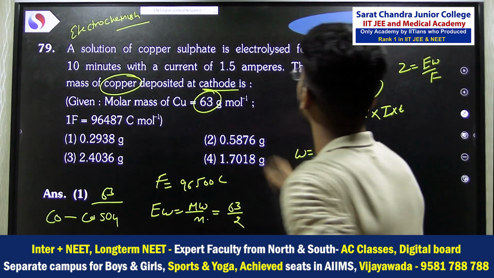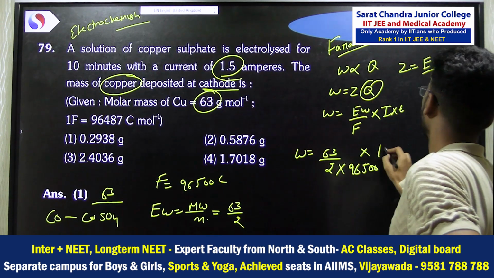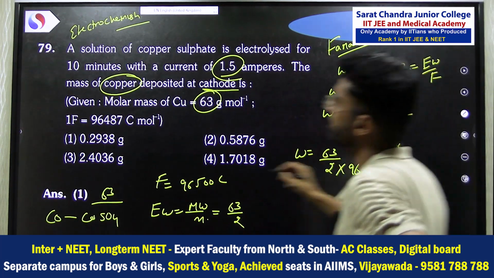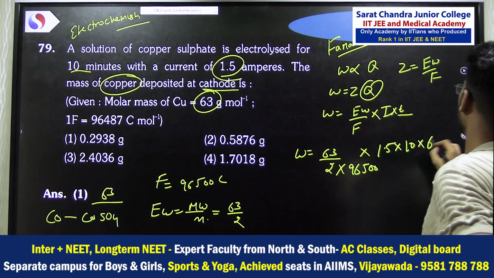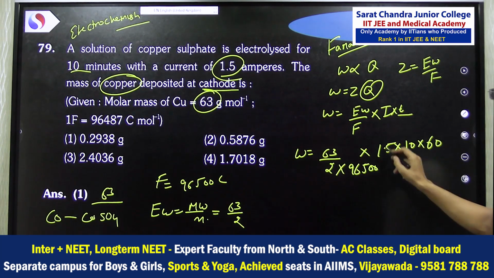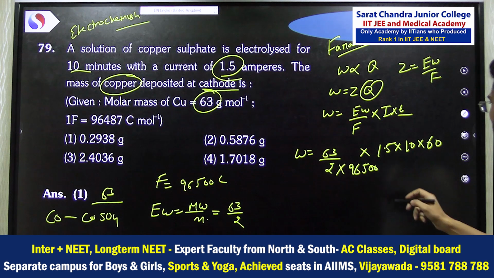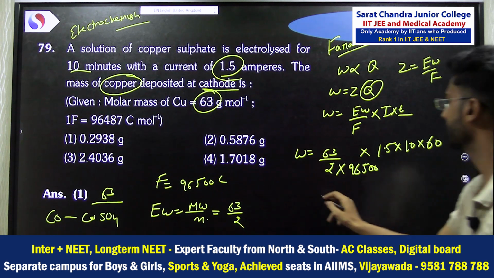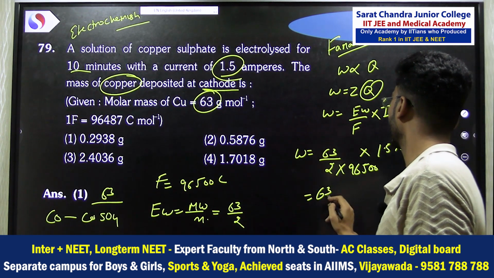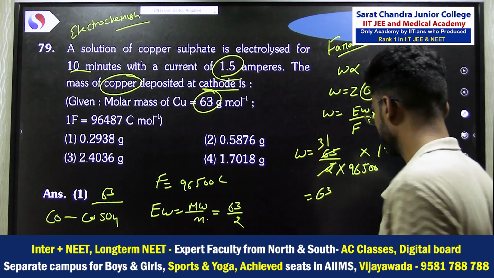The I value is given as 1.5 ampere, and the time is given as 10 minutes, which you can convert into seconds. So 1.5, and you can simply cancel this. 63 divided by 2 will be 31.5.